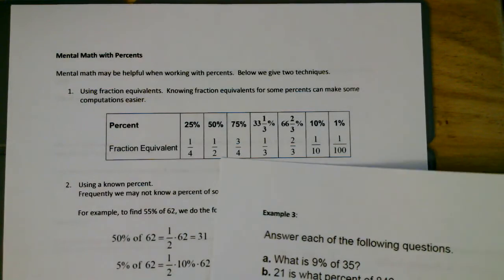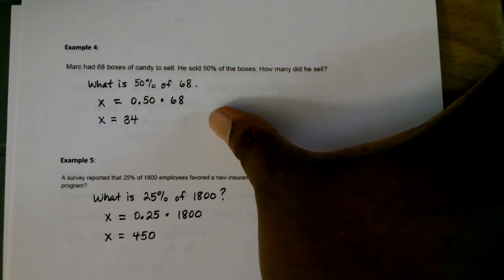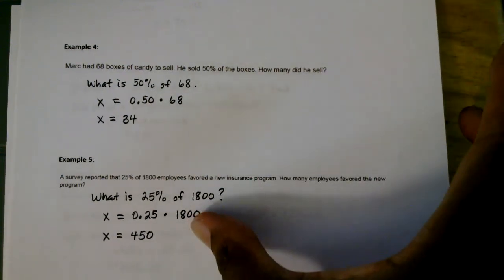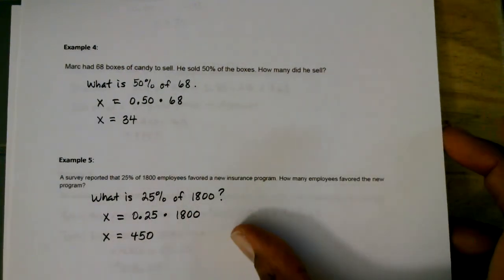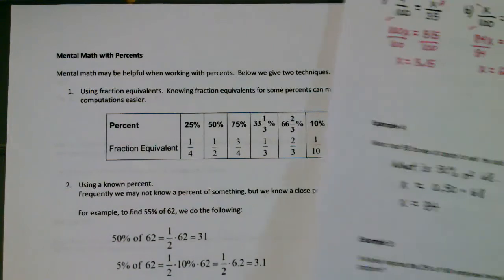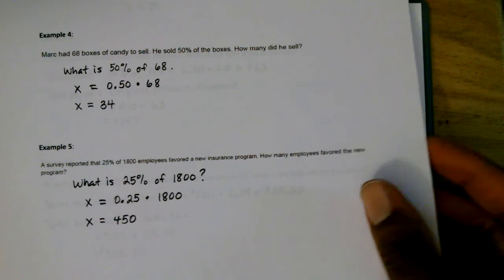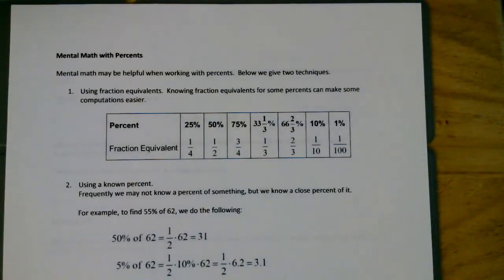Well, 50% as a fraction is 1/2. So I could have done 1/2 times 68. And this one is similar to it. In example 5, 25% of 1,800. Well, 25% is actually 1/4. So I could have done 1/4 of 1,800 and come up with my answer.